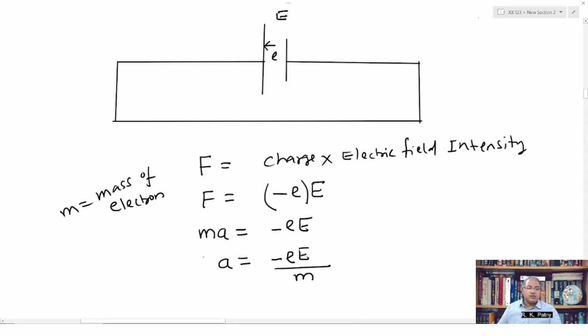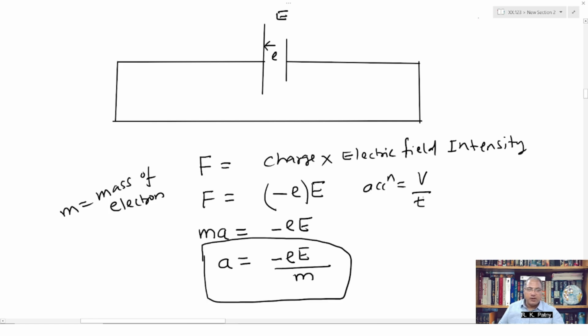The value of acceleration is a equals minus e multiplied by E upon m. This is the acceleration of the electron. Now we know that acceleration is nothing but change in velocity upon time. So this acceleration is minus eE upon m. Suppose I want to find the velocity of the electron, then it would be equal to minus e multiplied by E upon m multiplied by t. This would be the formula for the velocity of the electron.